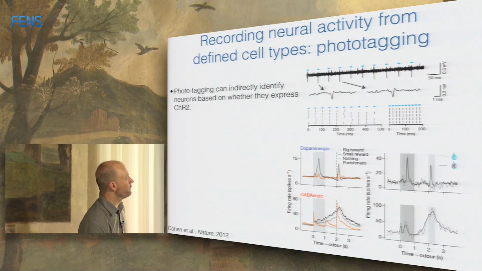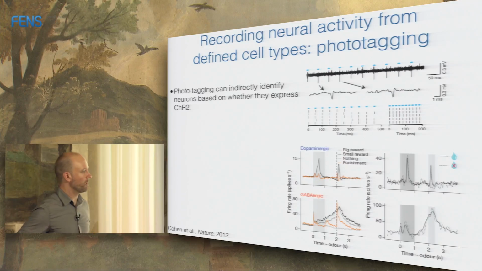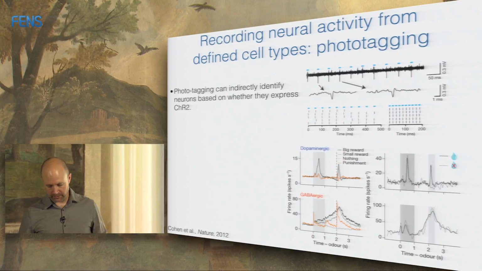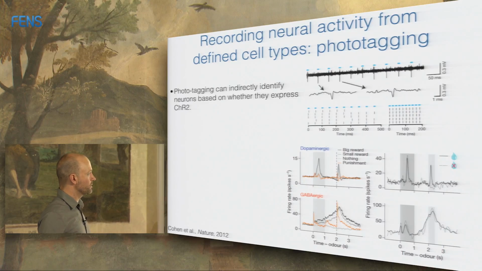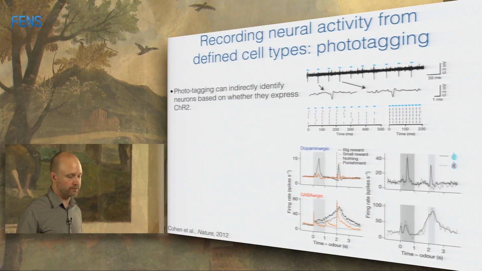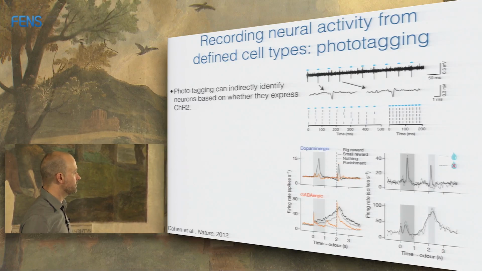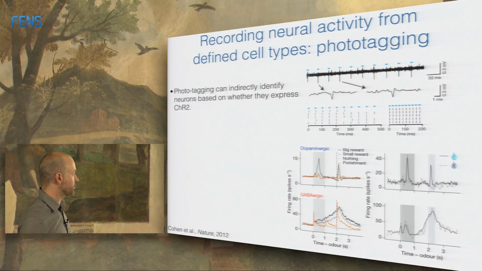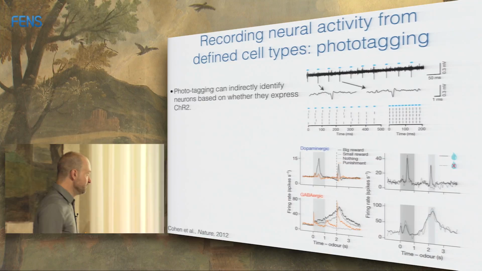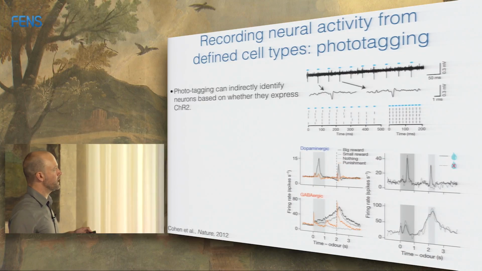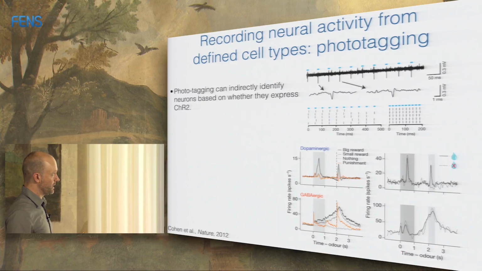So this is just an example of when this was used. This is probably one of the most well-cited or well-described papers focusing on these different cell types in the VTA, obviously a region of the brain that has clear relevance to addiction. This was by Jeremiah Cohen and now Uchida, published a few years ago. Again, they used phototagging to indirectly identify neurons based on where they express channelrhodopsin.